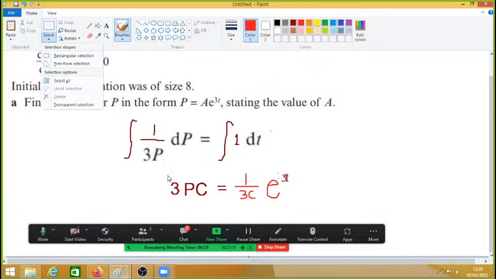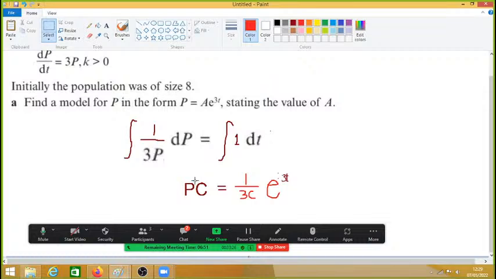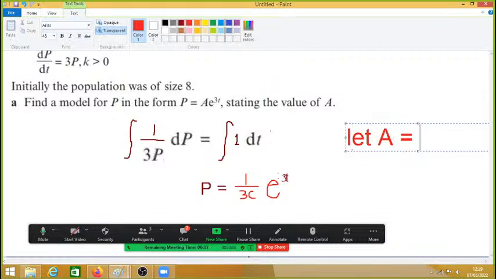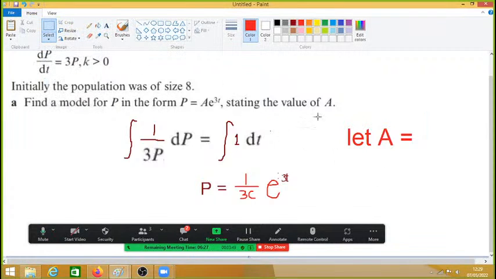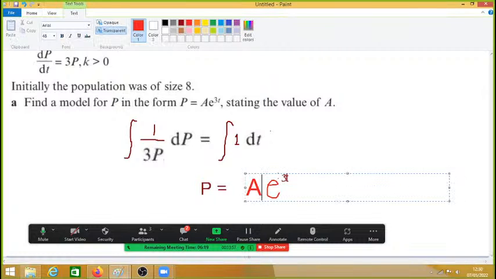And then 1 over 3c, if you look at the equation that they've given you, they're not using the letter C, they're using the letter A. So they've just swapped 1 over 3C for a new letter, which is A. We could say let A equal 1 over 3C as a substitution if you wanted to, but you don't normally need to bother. With constants, you are flexible because you can change the letter halfway through. It doesn't matter. So we're just going to change it to A.